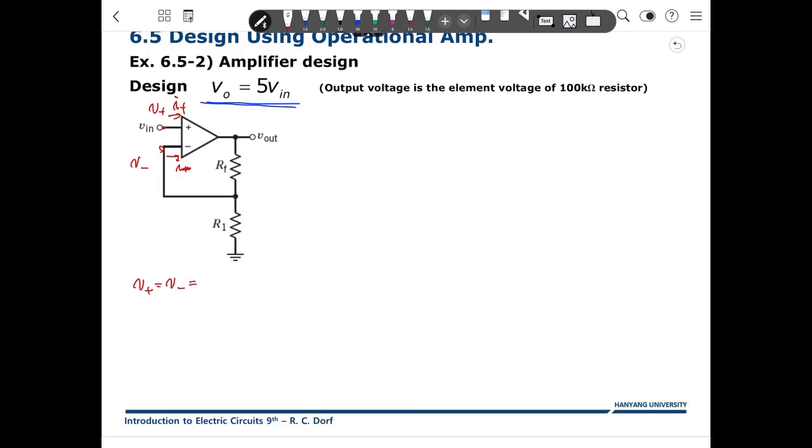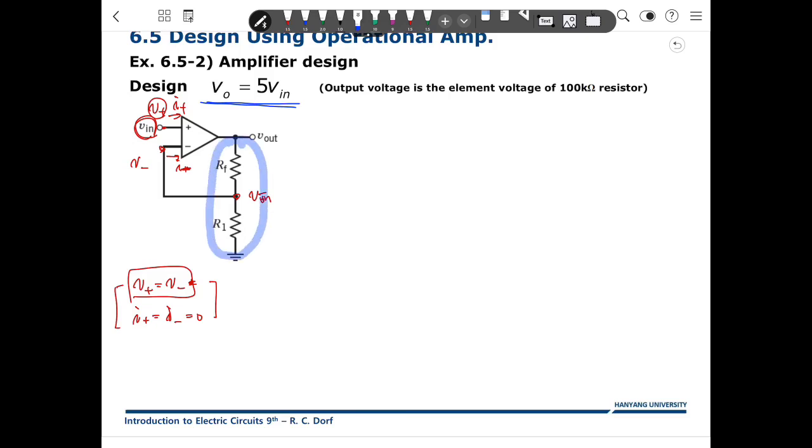Then V positive equals V negative, and I positive and I negative are 0. Because over here, V positive is equal to V in, because this is directly connected to the positive pin.